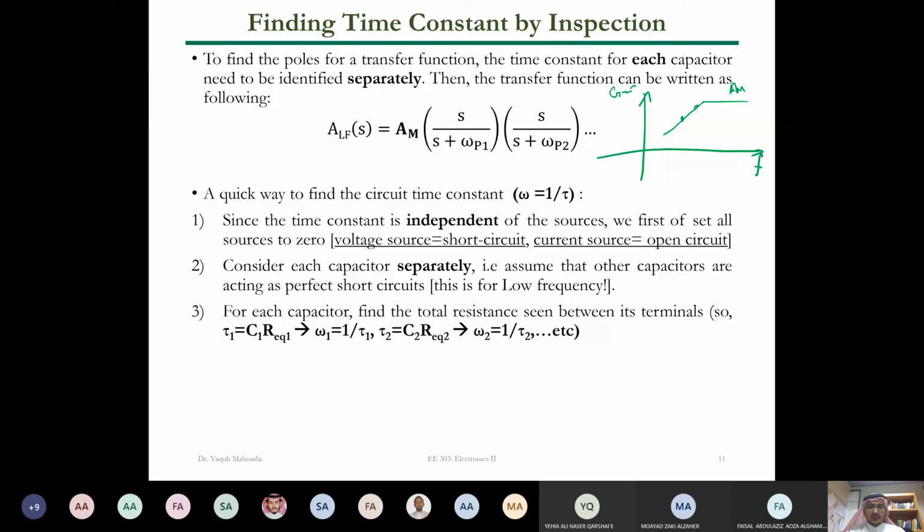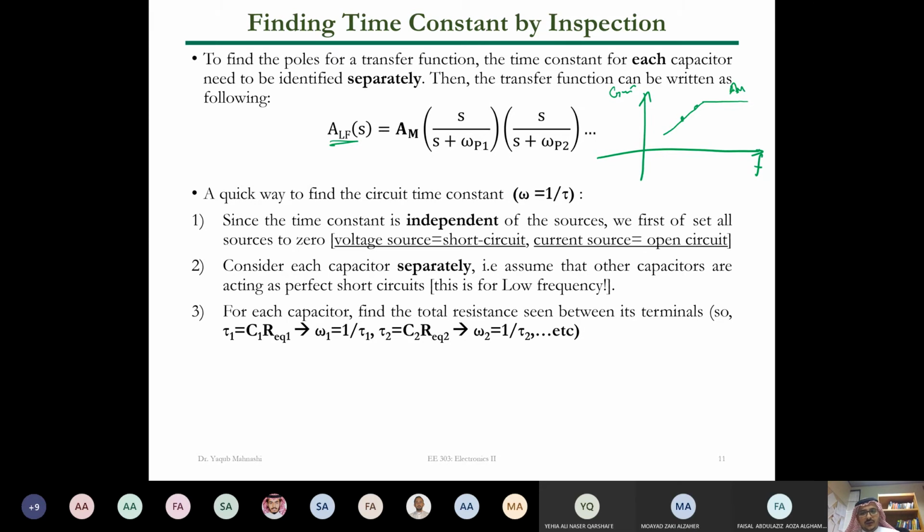And then at the end of the day, you can find the AL, the gain at the low frequency. And by the way, Shabab, it is an approximation here. I am not finding the zeros of the system, I'm finding only the poles of the system. Maybe sometimes I will get some zeros, but at high frequency, and we'll ignore them for now. So still, this is a good approximation here.